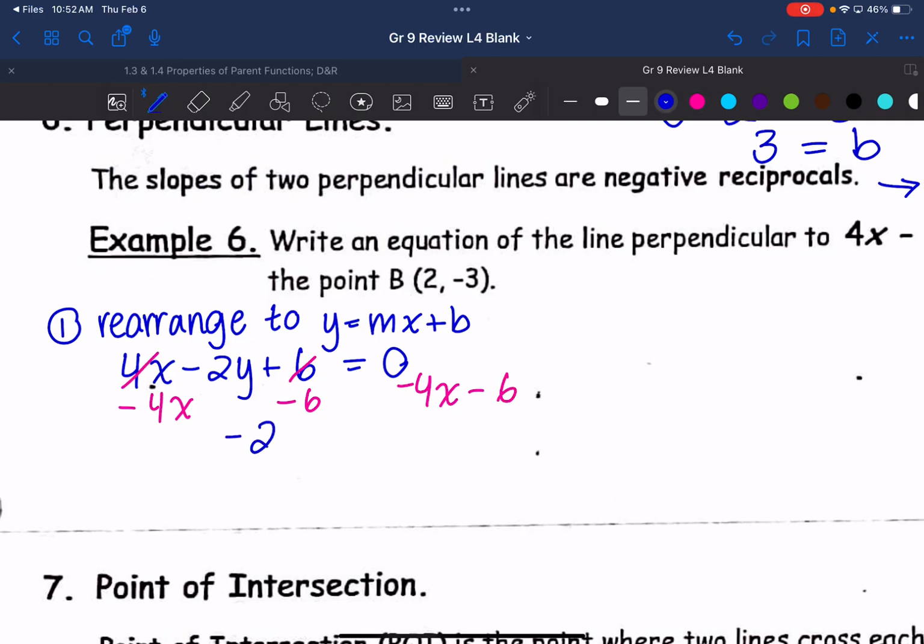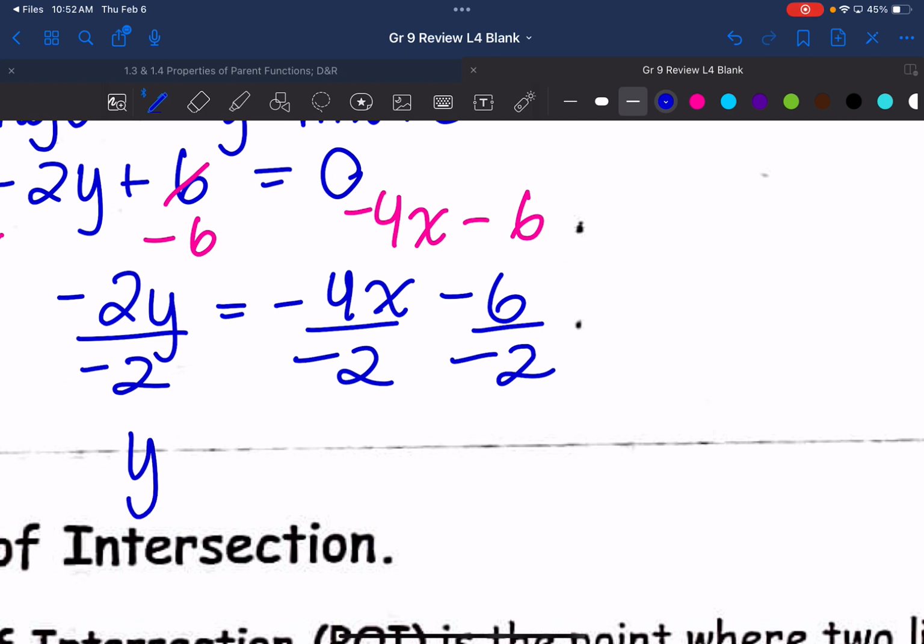So I'm left with negative 2y equals negative 4x minus 6. But I need just y. So what's my last step? I have to divide by negative 2. Whatever's attached to the y, divide it out. So y will be equal to negative 4 divided by negative 2, and a negative divided by a negative makes a positive.